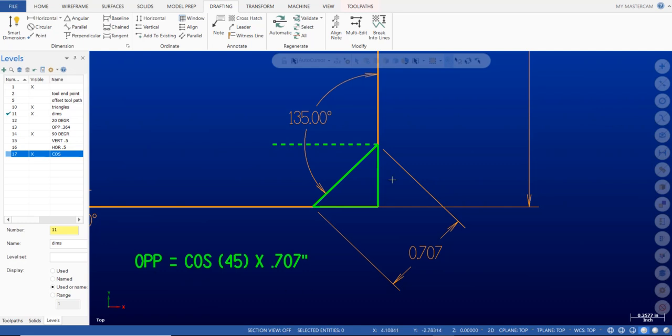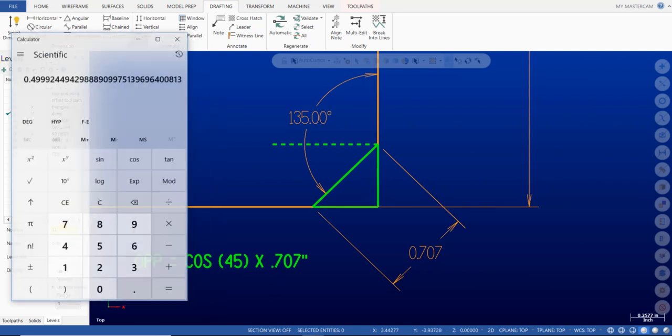We can call the opposite either this or this leg, and we should end up with the same value, because on a triangle where we have two corners at 45 degrees, the adjacent and opposite legs are going to be equal. Okay, so the formula we're going to use is opposite equals the cosine, and we use the cosine because we know the length of the hypotenuse. So we take the cosine of 45 degrees and then multiply it times .707.